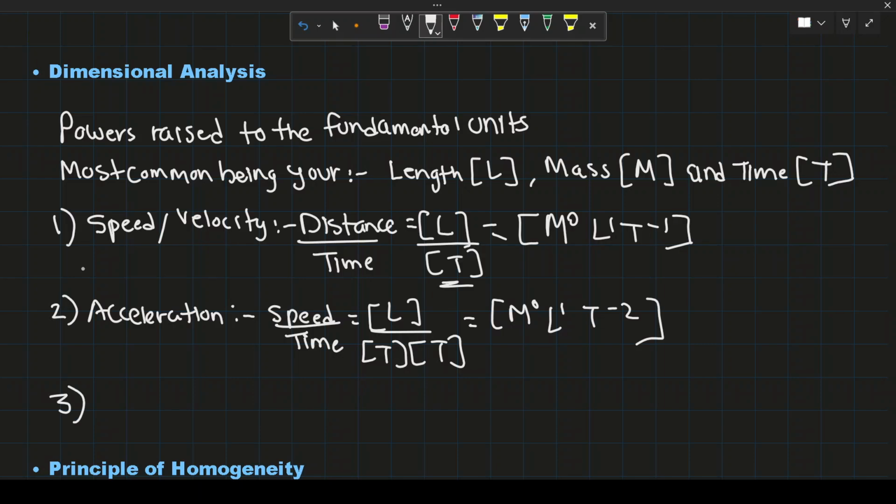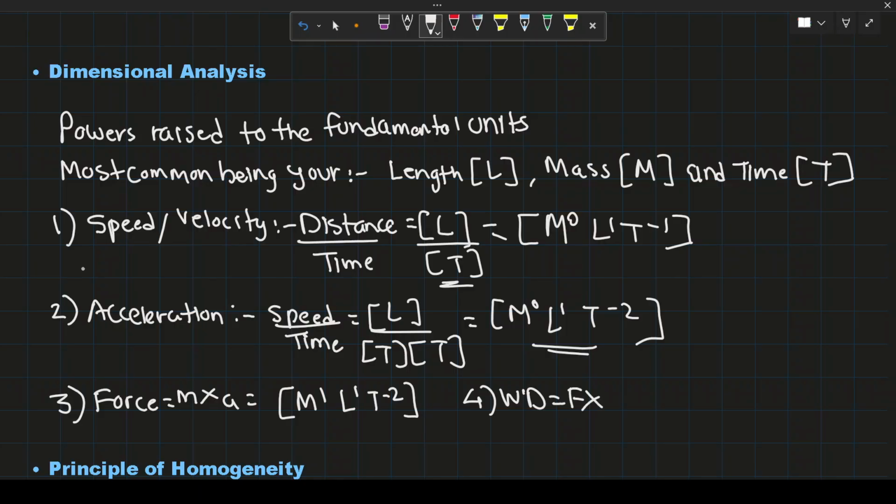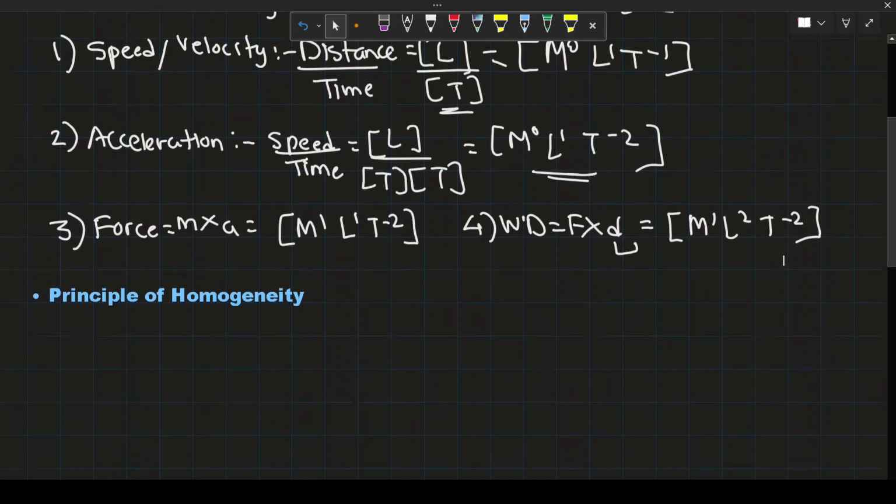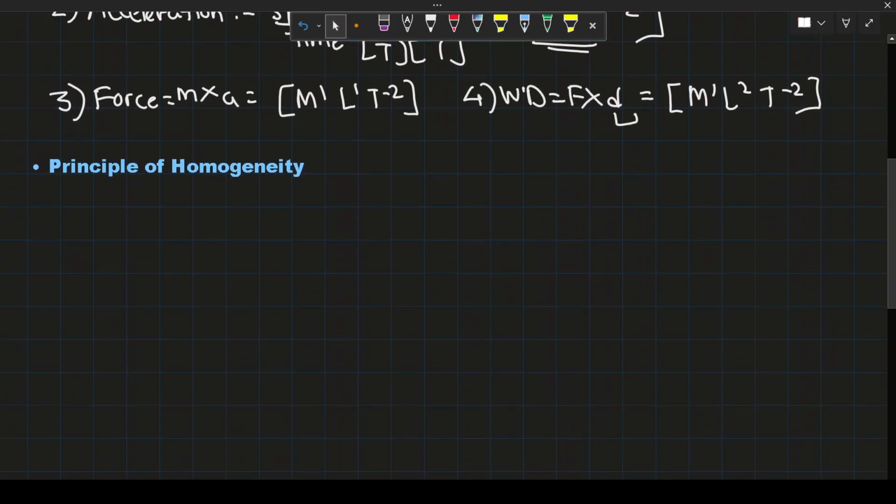Similarly, you can find force, work done, energy, etc. I'll just tell you in short. Force, we all know, is mass times acceleration, so it will be M1, and the same as acceleration, L1 T minus 2, and work done, which is force times displacement, so there will be another term of L, so M1 L2 T minus 2.